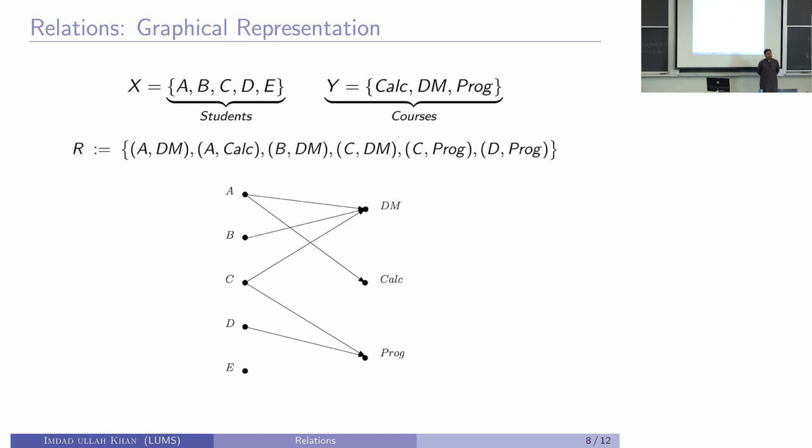Here is how we can represent a relation, just exactly as we did functions. A relation from X to Y can be represented by drawing X on the left side and Y on the right side. If an element of X is related to some element of Y, that is, it makes an ordered pair in the relation, then you draw an arrow between them. So, for example, in this relation A will have an arrow to DM and 1 arrow to calc, B will have an arrow to DM only, C will have an arrow to DM and an arrow to prog, and D will have an arrow to prog only.